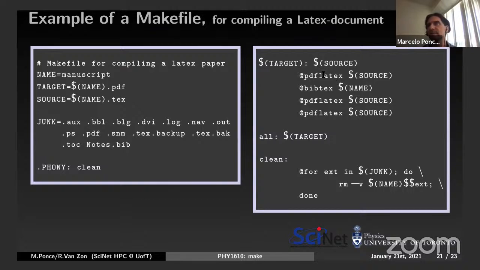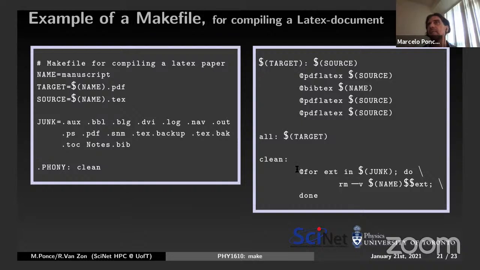Usually, if you do LaTeX, you need to do a couple of passages through the compiler and then one through BibTeX. So I have one compilation of the source, one passage for the references of the bibliography, and then a couple more compilations so that every link is done properly. The all basically depends on the target. That's a funny rule as well.